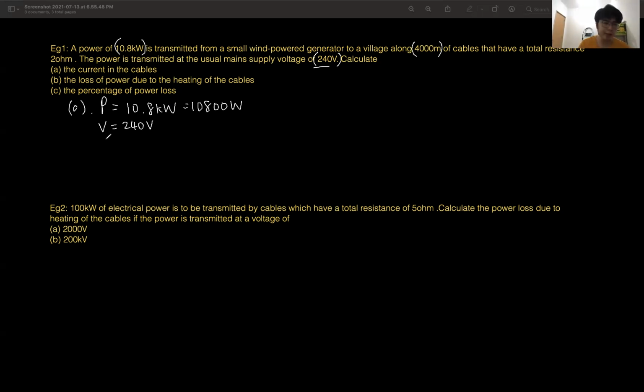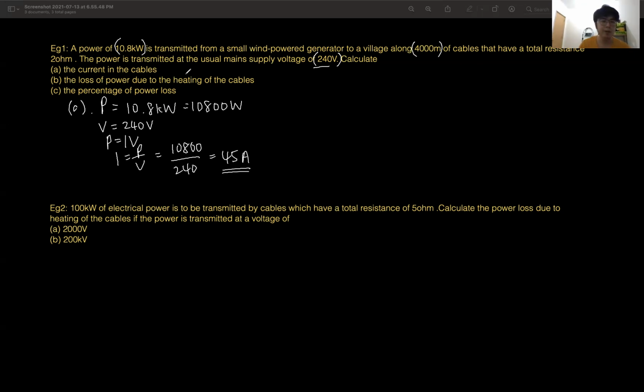To find the current, I just use P equals IV. I equals P over V. 10800 divided by 240 equals 45 ampere. Okay, this is the current in the cable. During the transmission, this is this much current.